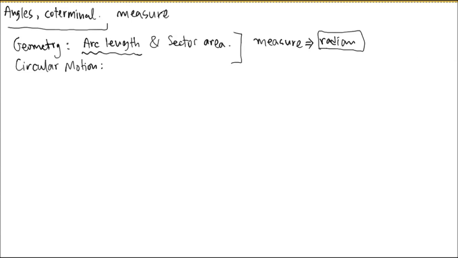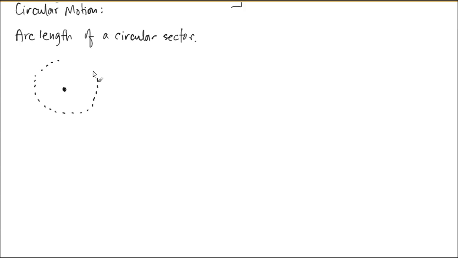So the first formula is this one. Here's the arc length of a circular sector. By using the word circular, it means a very specific shape, right? Not just anything that's curved. You can't use this formula for anything that looks like it. So here is a center, and here is a perfect circle.